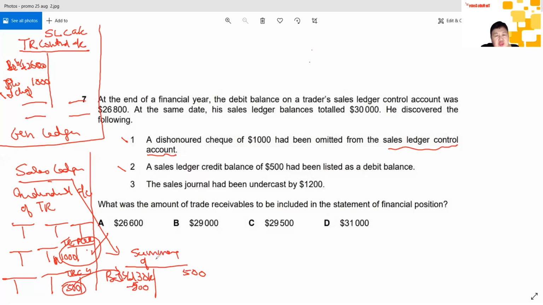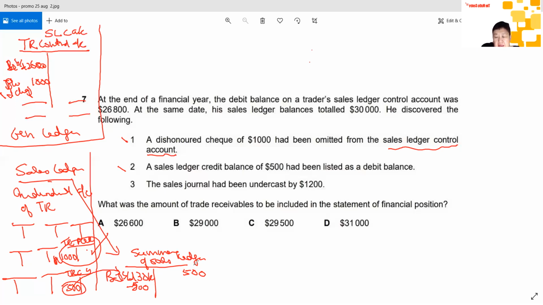This is not there; I'm just trying to make the picture in your mind to help you envision it. Basically, the 30,000 on the left hand side is too much by 500. I'm going to cut it down by 500 and put another 500 on the right hand side. Cool? Think of it slowly. You can play this video again.